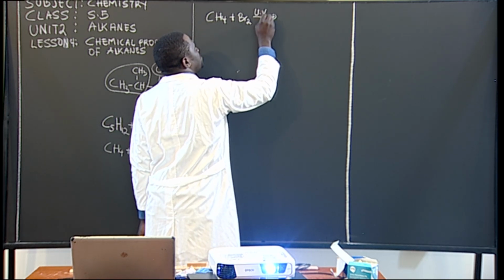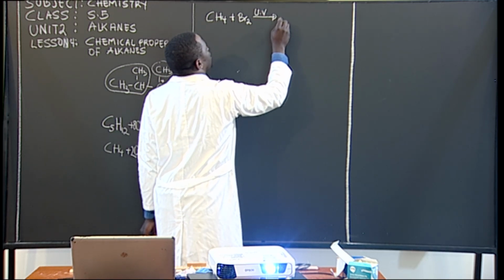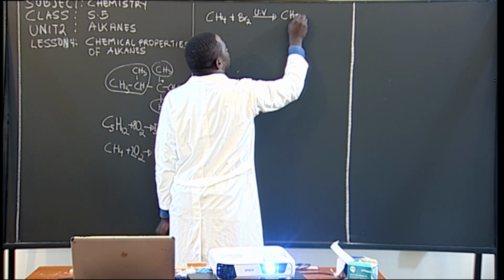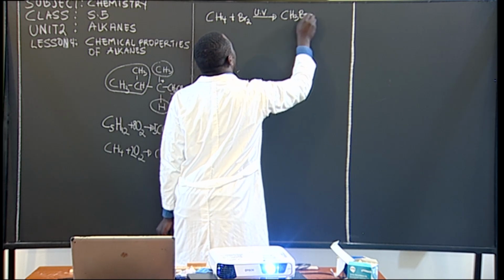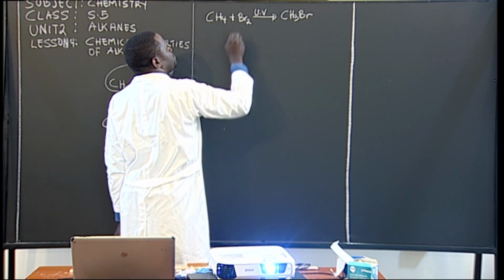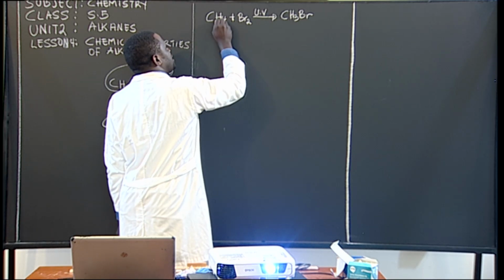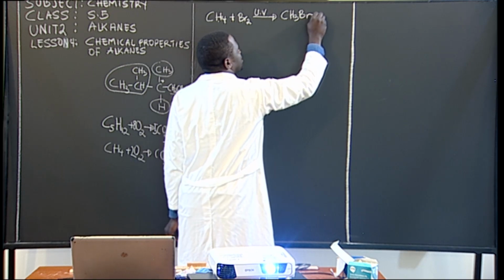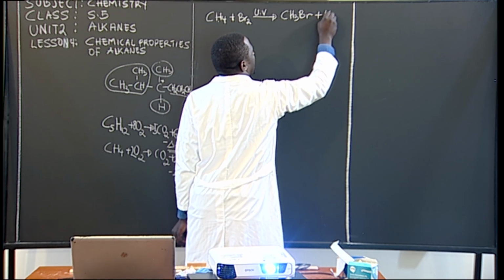This UV light comes from sunlight. So we have CH3Br. You'll observe that one of the hydrogen atoms here has been replaced by bromine. When it is replaced by bromine, we say we have exchange.